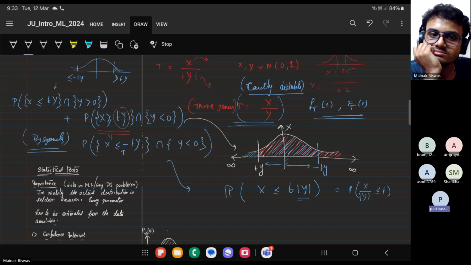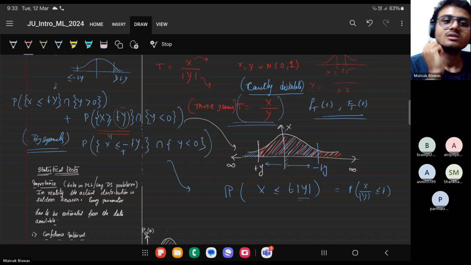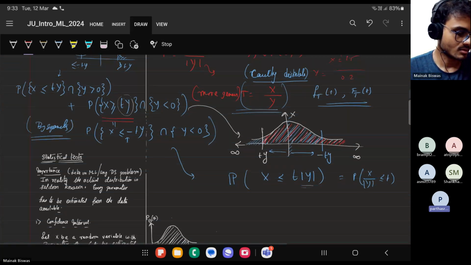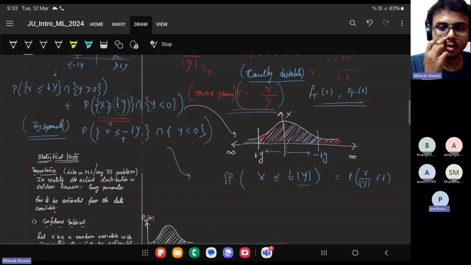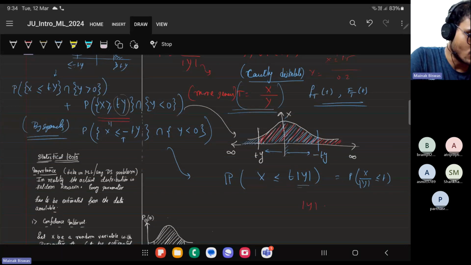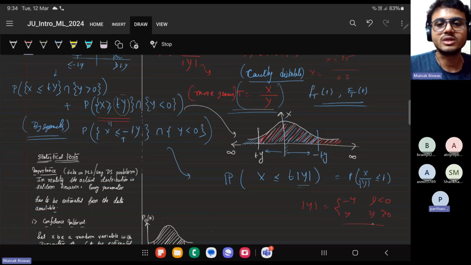Since I can bring them into a single term, x is less than or equal to ty if y is greater than or equal to 0, and similarly x is less than or equal to minus ty if y is less than 0. So I can clump them up into a single equation here, because mod y is equal to minus y if y is less than 0 and y if y is greater than 0. Yes or no? This is why I can club them up into the same equation.